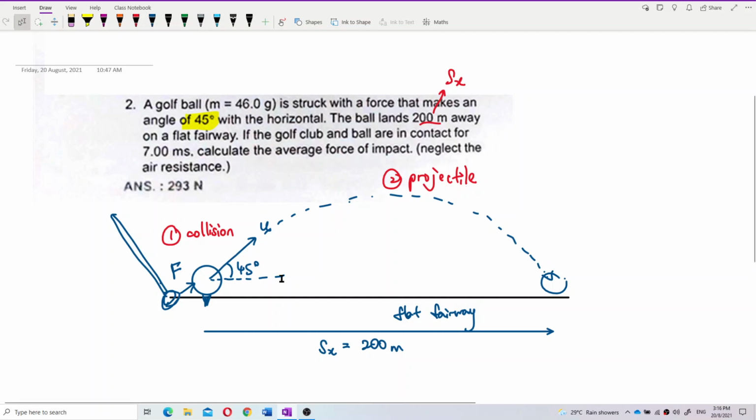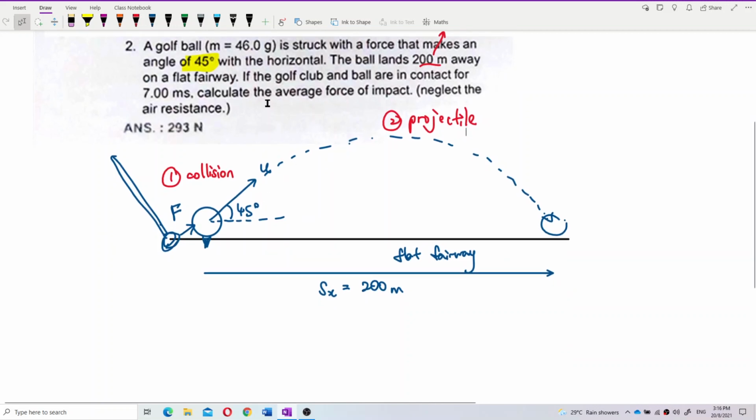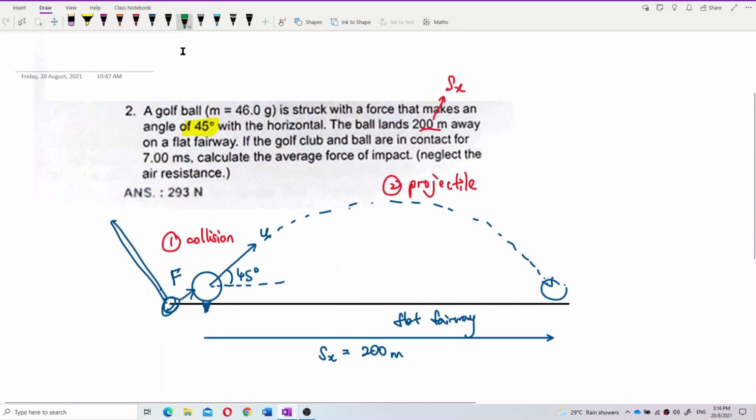Let us look more clearly at what's actually happening during the collision here. He said that the golf club and ball are in contact for 7 milliseconds. So this is the collision time. It is not the time of flight.